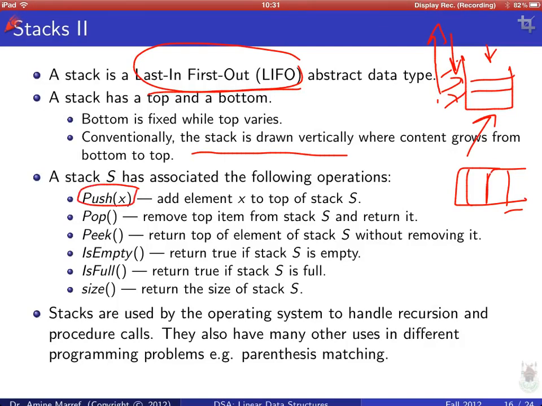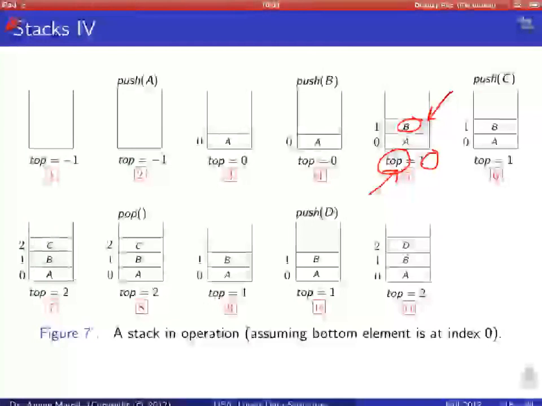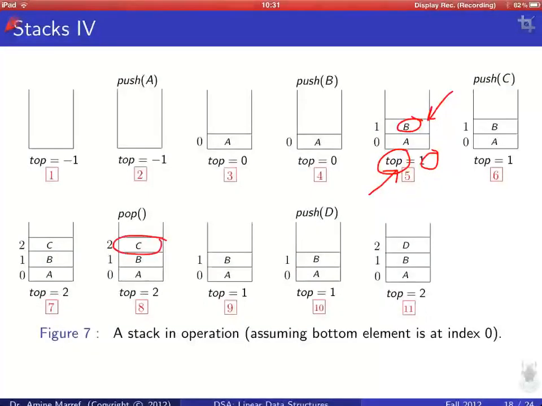So if the max size is 20, it means we can grow from 0 to 19, right? So what does it mean to be full in this case? Is that top equals max - 1? Okay.